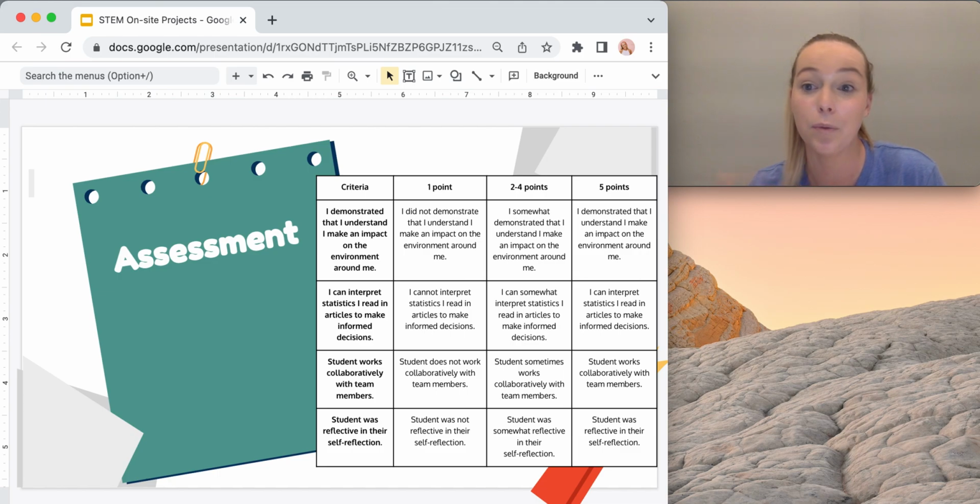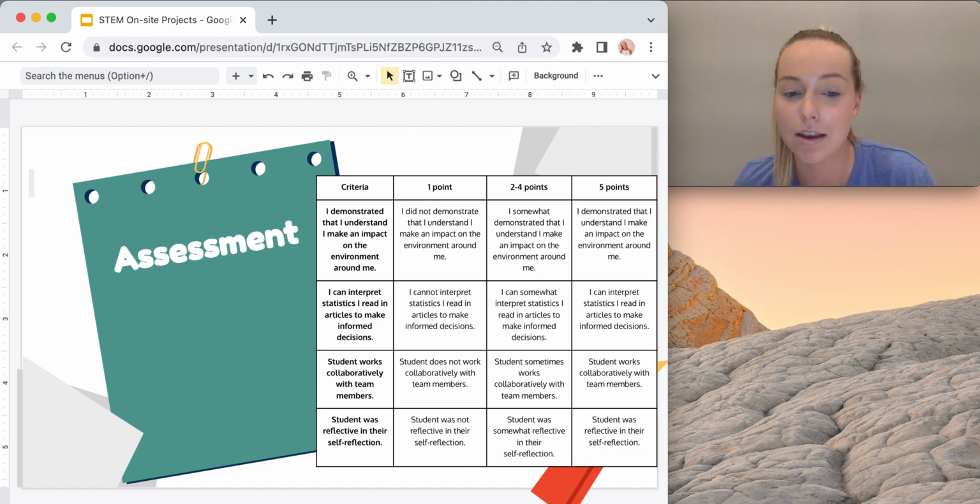I wanted to assess them on their understanding of human impact. So I demonstrated that I understand I make an impact on the environment around me. And then on more of the math base, I can interpret statistics and read articles to make informed decisions.